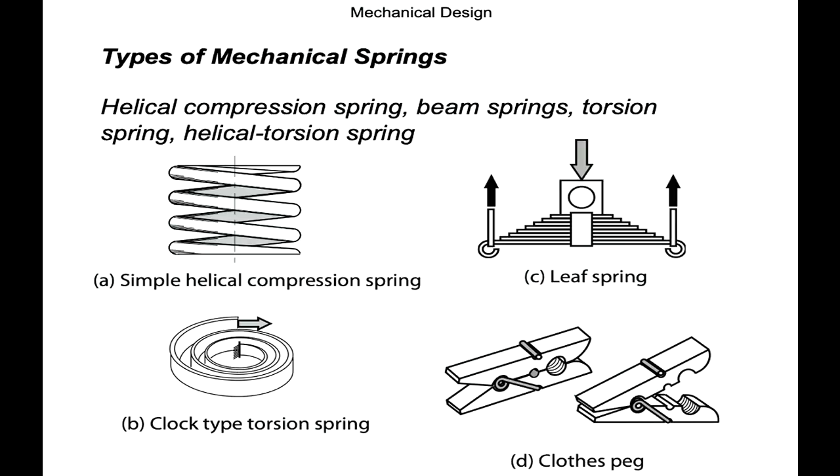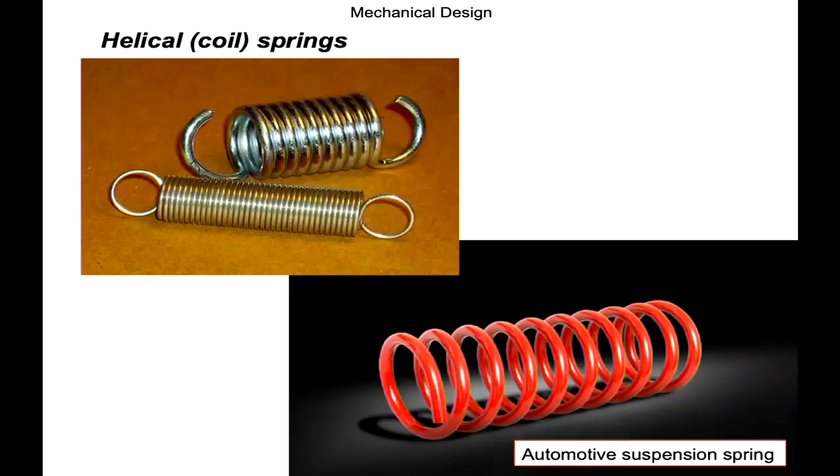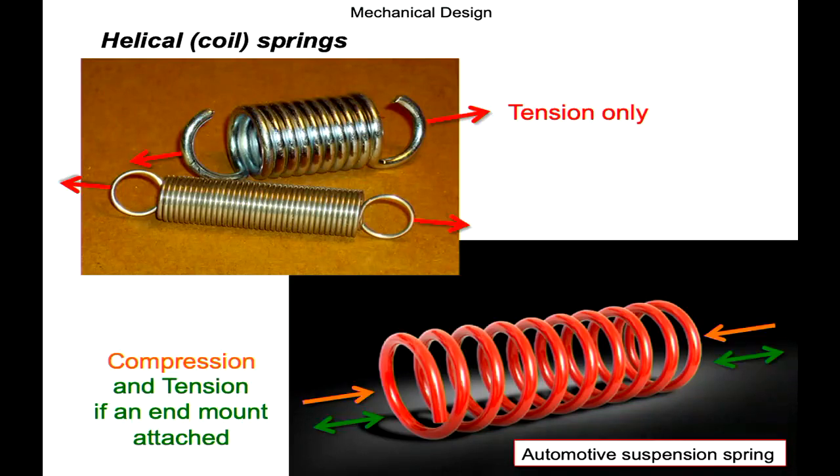Hopefully everyone can see there's that bit that hooks in at the end, load from the vehicle there, load from the tray, and then these two arrows going up back into the main structure, down to the wheels. I can tell you that this spring in red is more likely to be compressive than the two springs on the top right, and it's got everything to do with having this effect here.